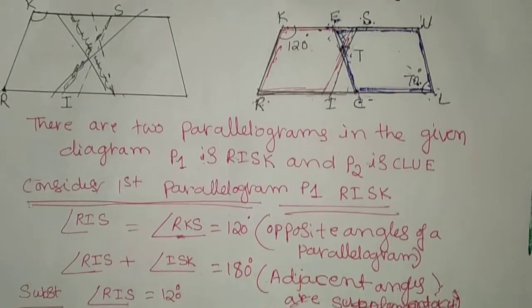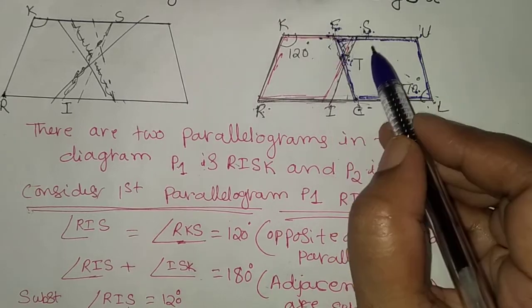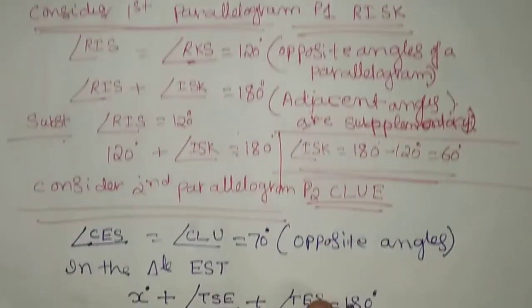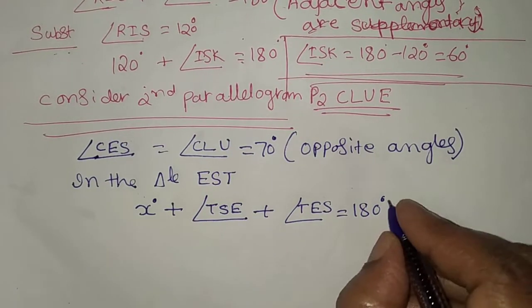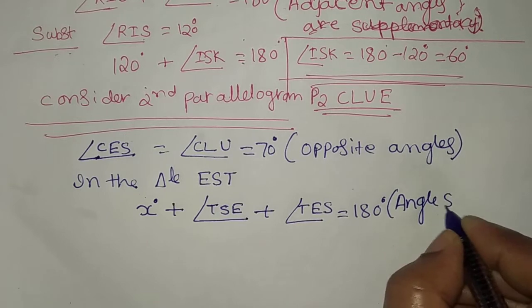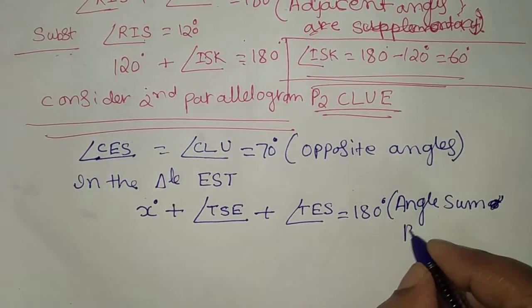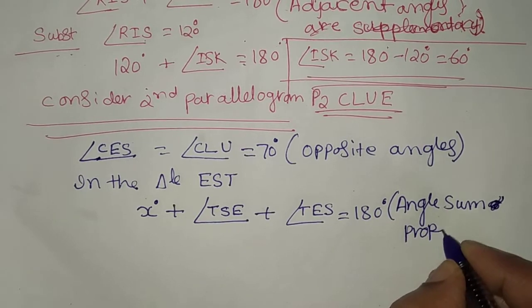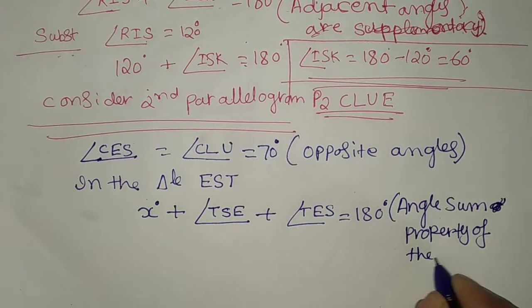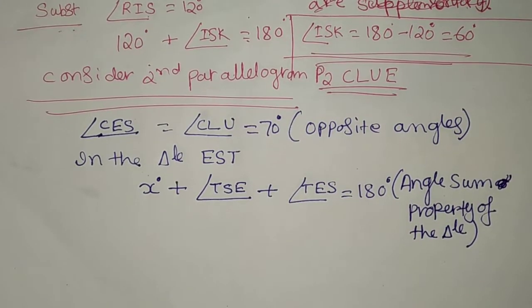I will show you in the diagram: TSE plus TES plus x. This we can write in the bracket as angle sum property of the triangle.